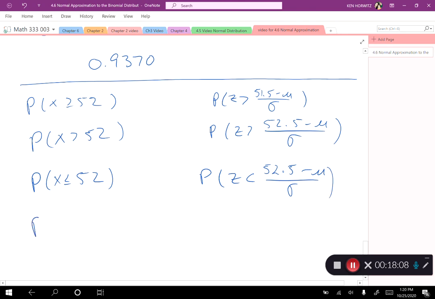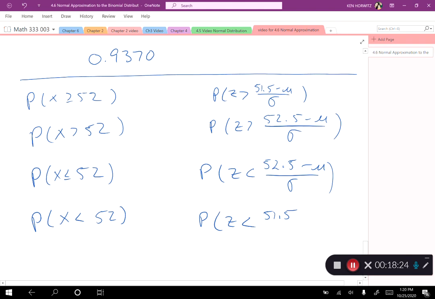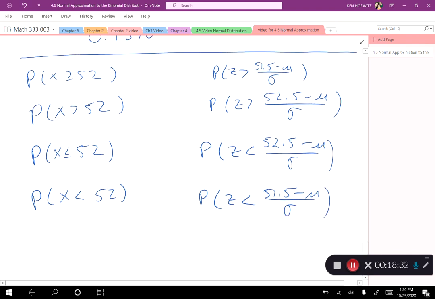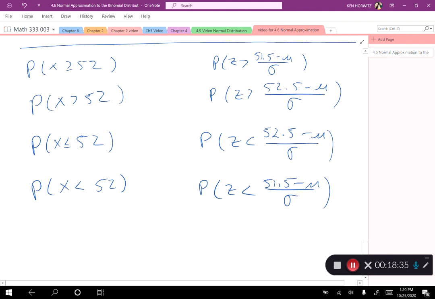And lastly, probability that x was less than 52, I use probability that z less than 51.5 minus mu over our standard deviation. So this was kind of a summary of all the things we just did.